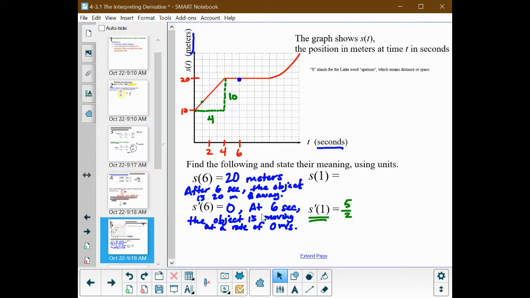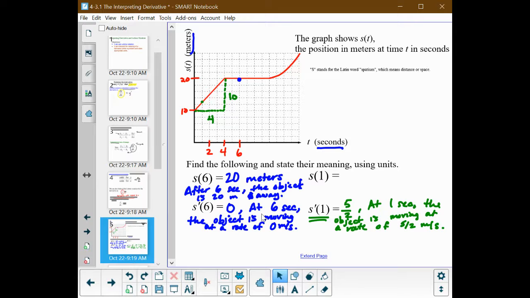And so in this case, we would say that at 1 second, the object is moving at a rate of 5 halves, or 2.5 meters per second.